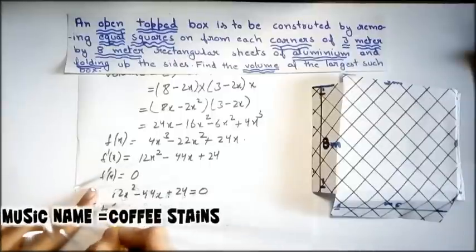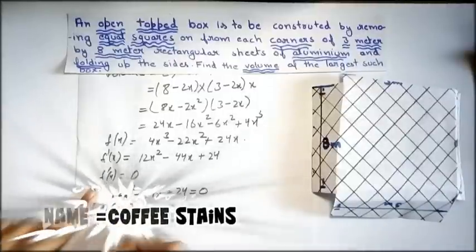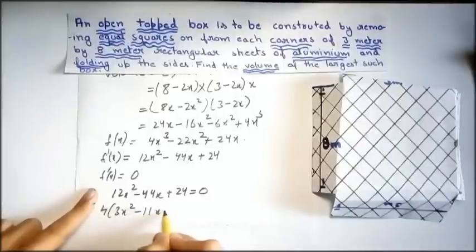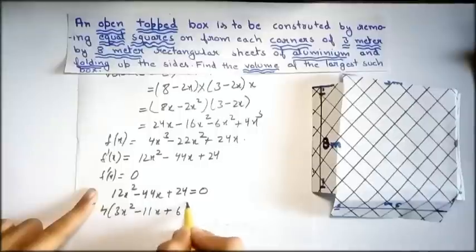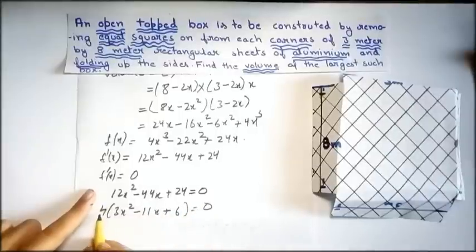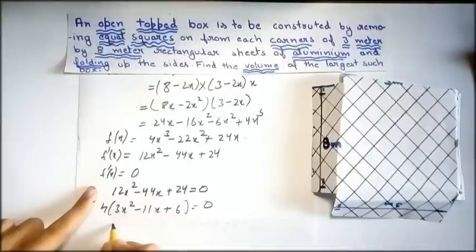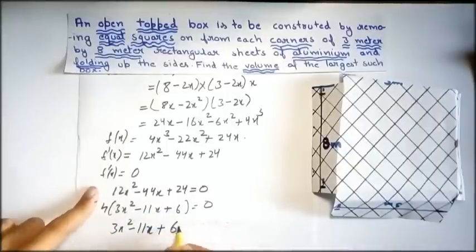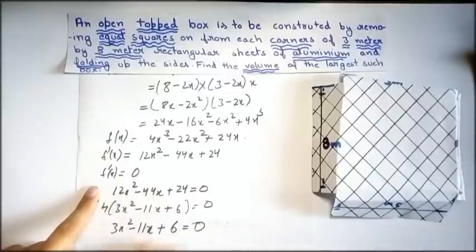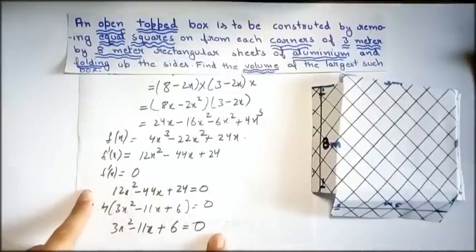So 4 threes are 12, minus 11x, plus 6 is equal to 0. So we got the equation 3x square minus 11x plus 6. So this was the equation. So now we have to find out x.